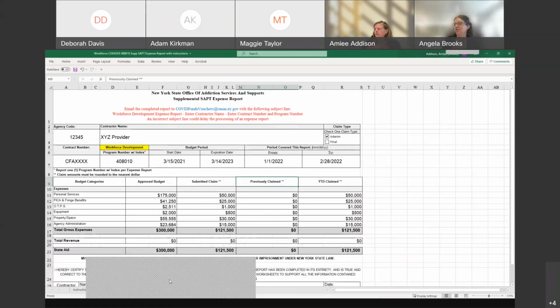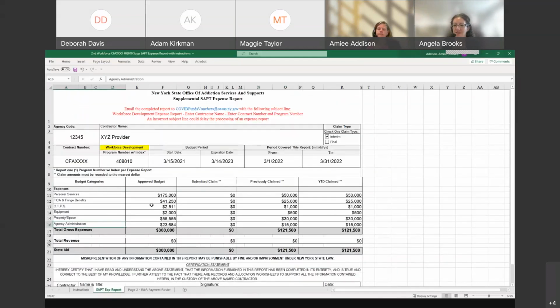How often should expense reports be submitted? No more than once a month. It's the provider contractor's discretion, but no more than once a month. Yes, and I really like that question.